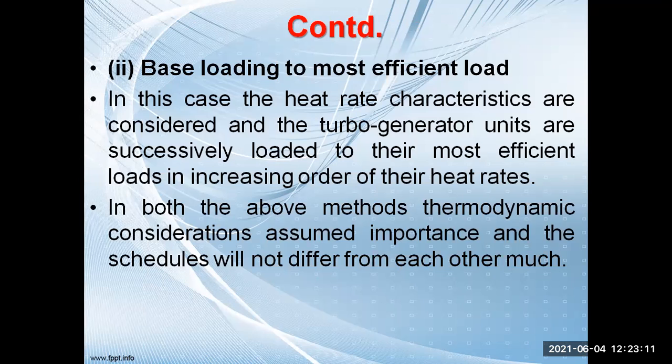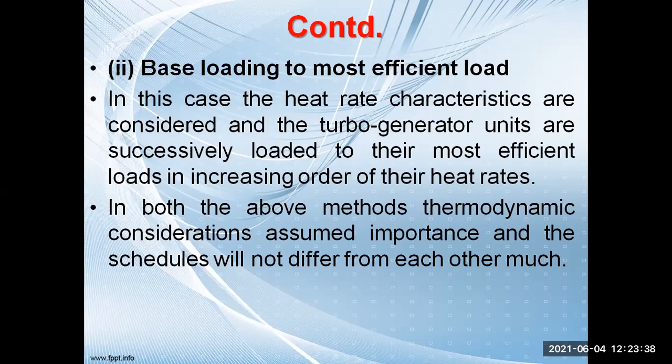Now, in the second case, the most efficient load means the important load has to be catered first based on the heat rate characteristic. So heat rate characteristic is the parameter which is actually used to schedule the generators. If there are 5 generators, we arrange them according to their heat rate characteristic.